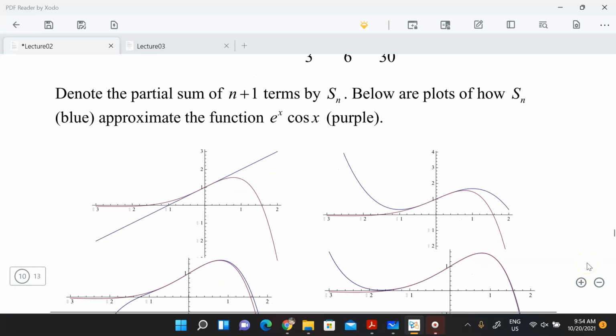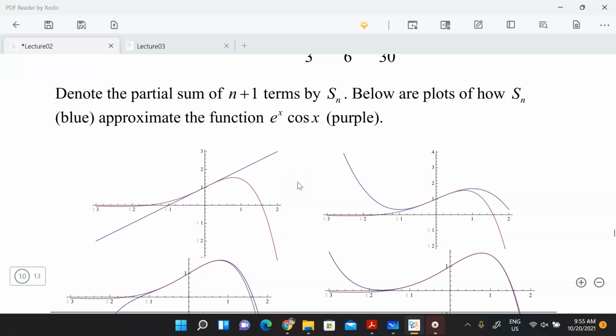Are you able to see the colors? Yes. Okay. You can see that your actual function is in purple here. So the purple function here is the actual function.